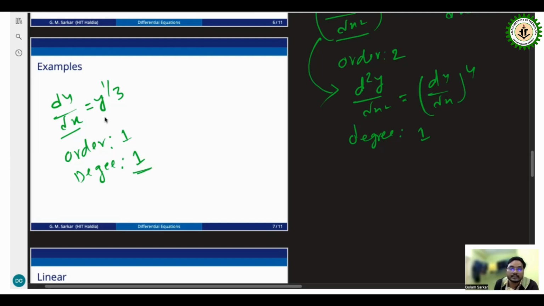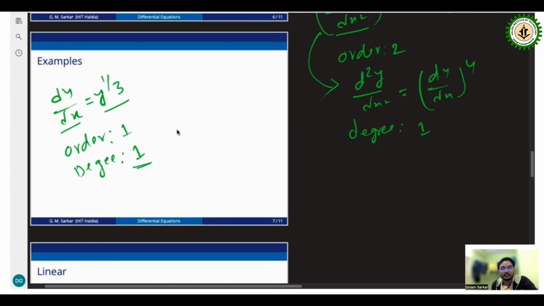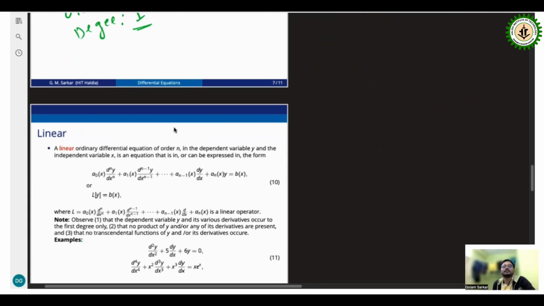Okay, since here the dependent variable y has the power in rational form, we are not concerned about it. We are only concerned about the derivative terms. If each derivative term has power fractional free, then we can define the degree of that differential equation.